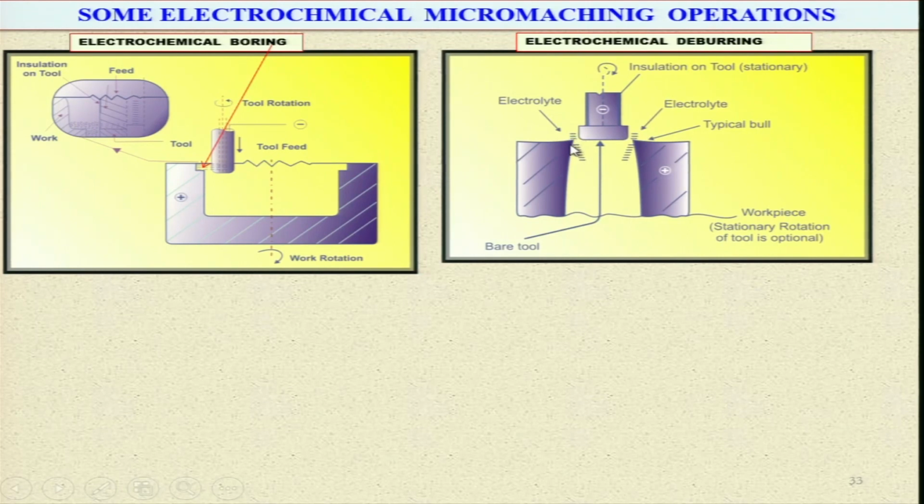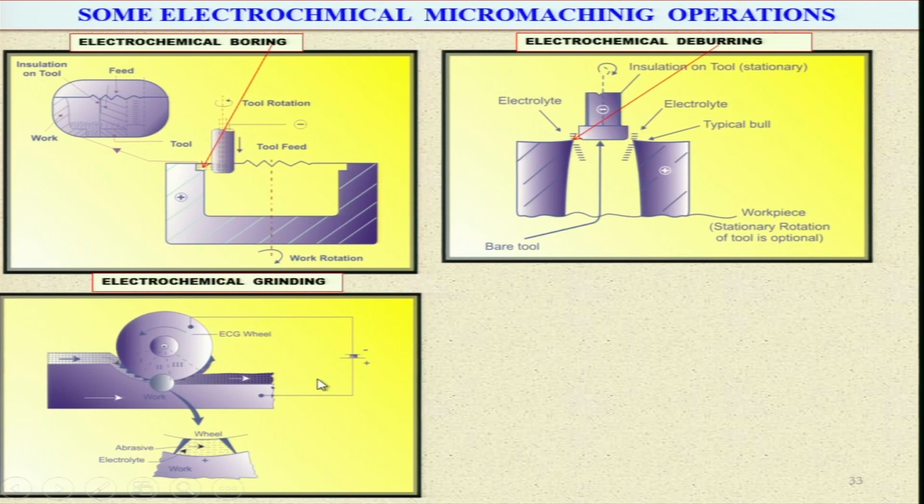So, dissolution of these burrs will take place, and you will have a well cleaned surface or edges without any burrs. The tool can be stationary or rotating, it is optional, depending upon your requirement and feasibility.